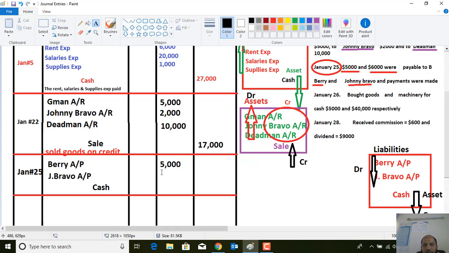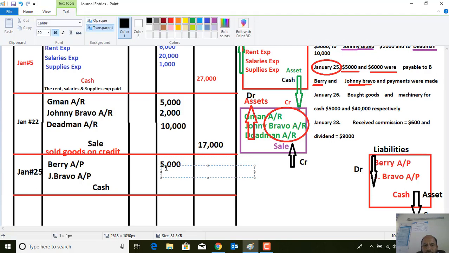And at the same time, the company paid $6,000 to Unibrav. So we will record it at the debit side. So the company paid these liabilities, so both of them should be added, and we will record it at the credit side. So when we add 5,000 plus 6,000, it is equal to 11,000 rupees.